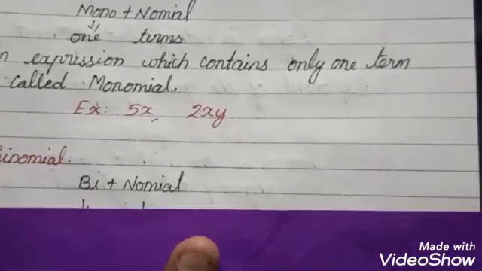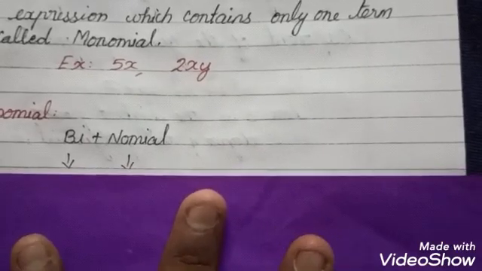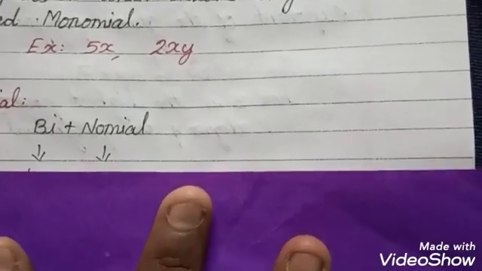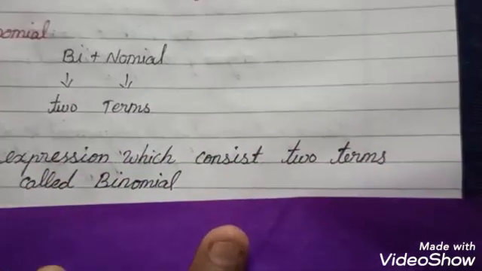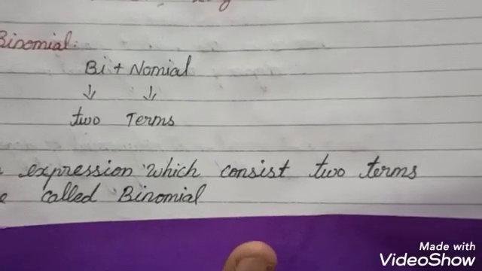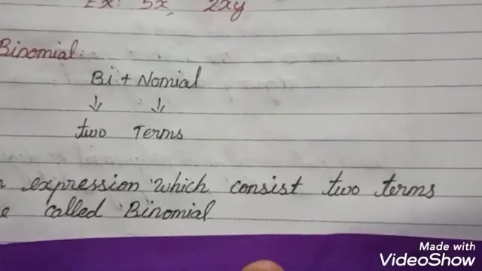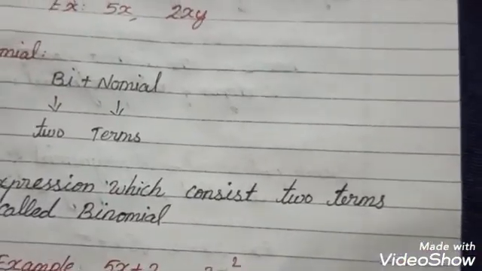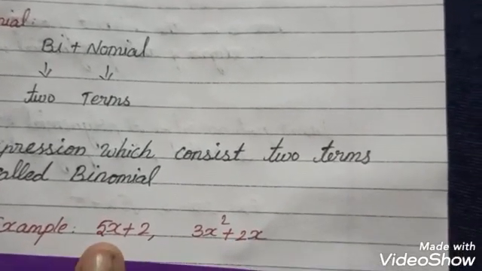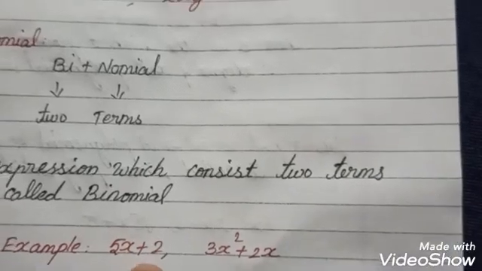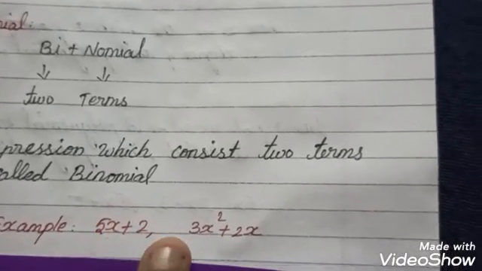Next we move on to binomial. Binomial can be represented as bi plus nomial. Bi means 2 and nomial means terms. An expression which consists of 2 terms is called a binomial. For example, 5x plus 2, 3x square plus 2x. Here 5x is one term and 2 is another term. Why do I say they are different terms?